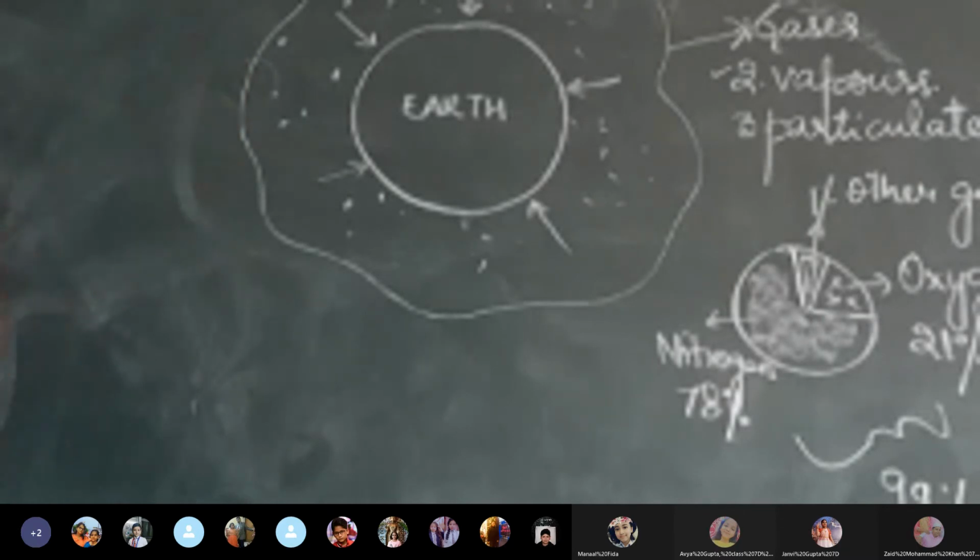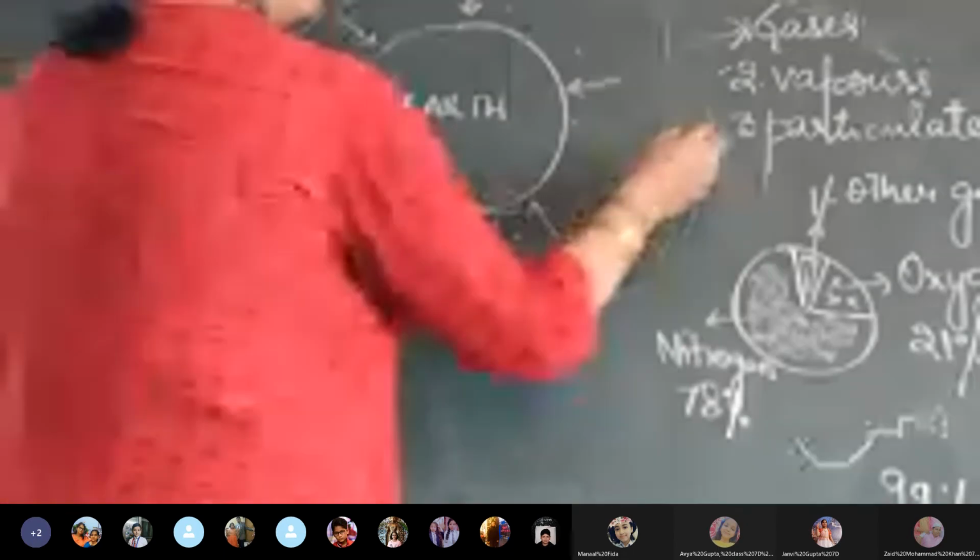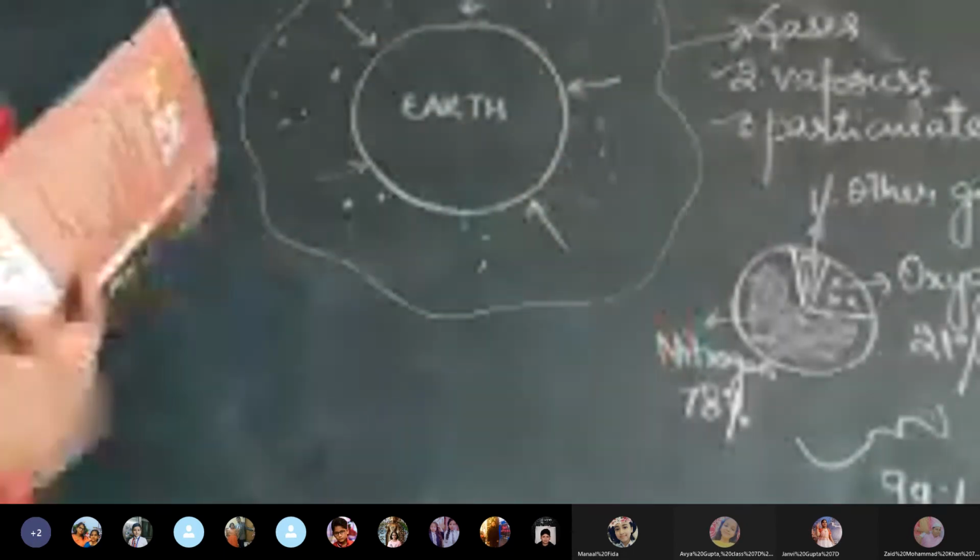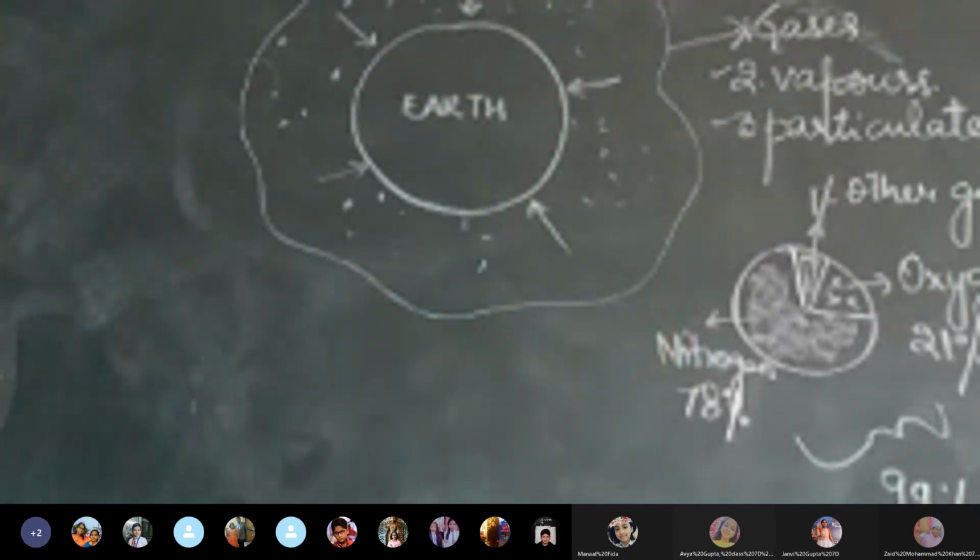Here, now we come on to particulate matter. Third part, other particulates of the atmosphere. Let's see what it is. Dust particles, sand particles, smoke, volcanic ashes, particulate matter in the atmosphere.